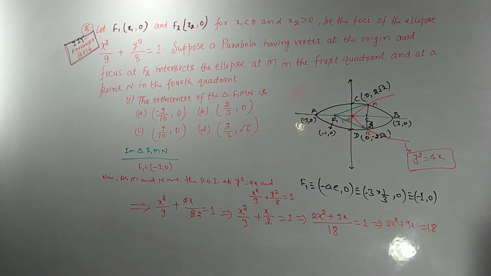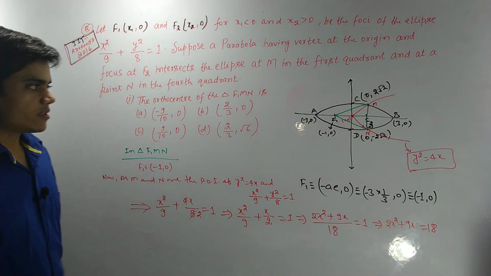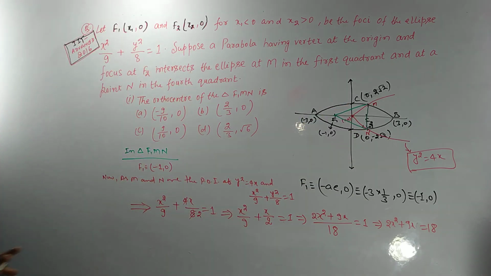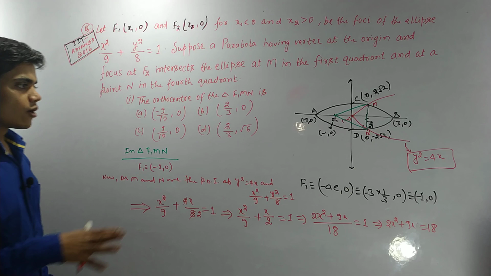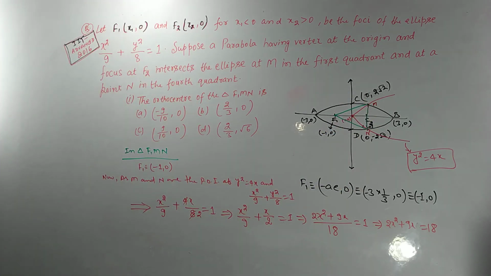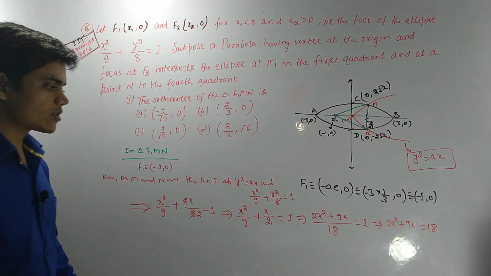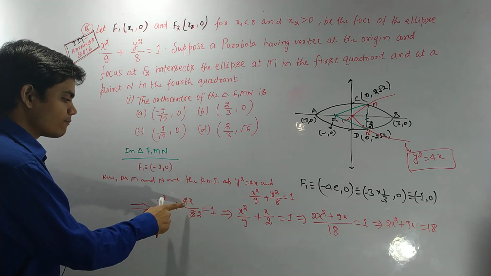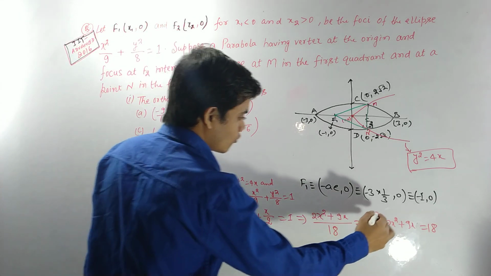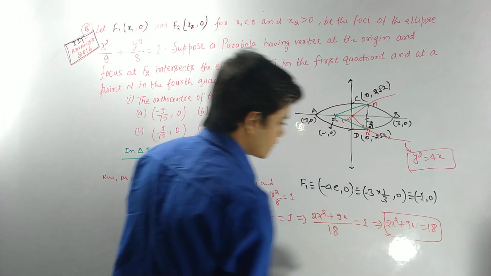Any problem? No problem. We are interested in the triangle F1MN, and the coordinate of F1 is quite clear, but we are going to find the coordinates of M and N. And for this, we are going to solve these two equations. And for that, we have put y square is equals to 4x here. And after that, we got this equation here.